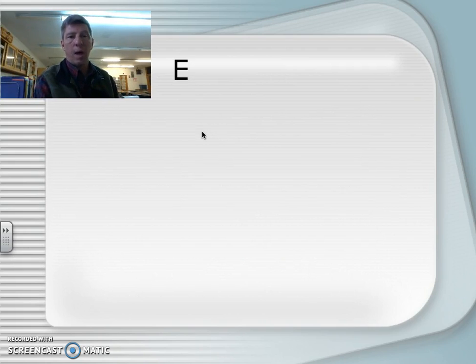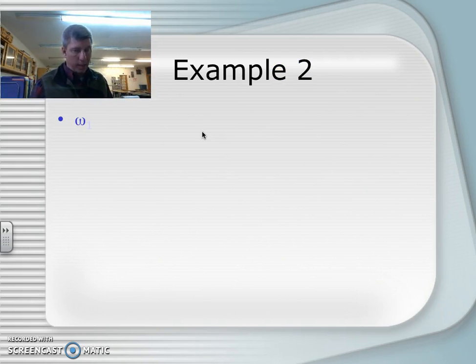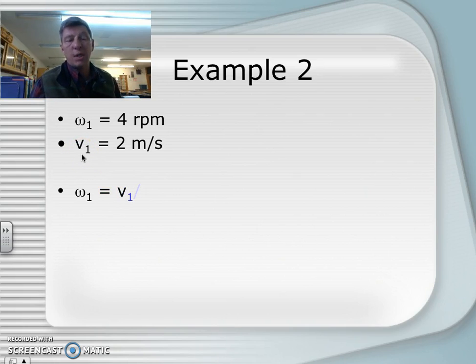All right, so have a look. In this case, I'm going to make a laundry list of all of the terms that we have here. I'm going to call number 1 the little boy and number 2 the little girl. So the value for the rotational speed 1 right here is 4 revolutions per minute. The value of the tangential speed 1 for the little boy is 2 meters per second.